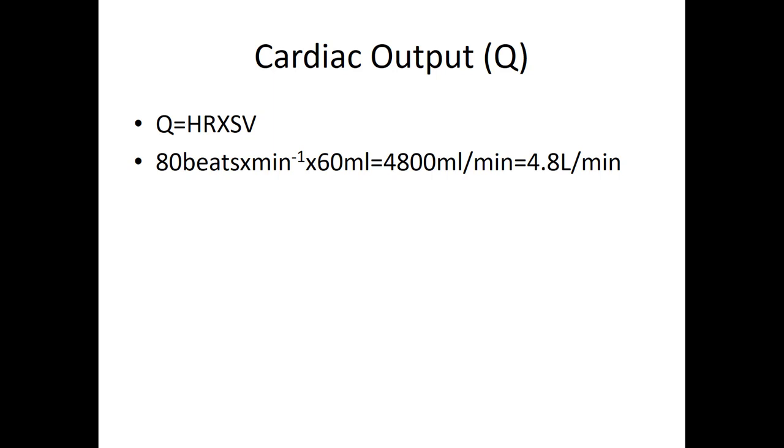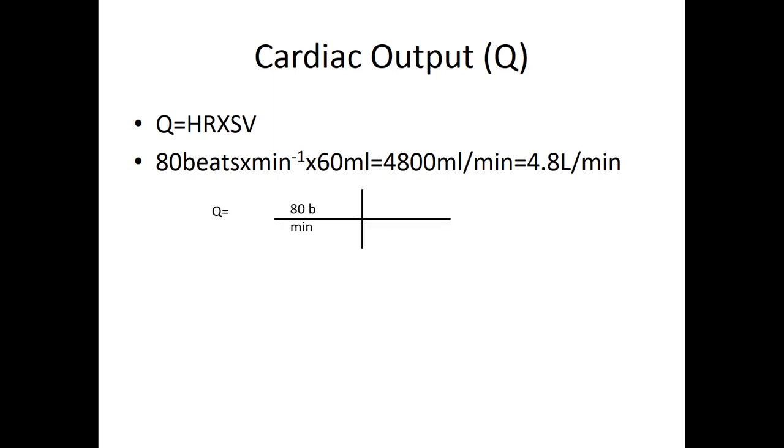And for cardiac output, the equation is cardiac output, Q, equals heart rate multiplied by stroke volume, right? So how about like this? If your heart rate is 80 and stroke volume is 60, that means 4,800 milliliters per minute. But 1,000 milliliters equals 1 liter, so 4.8 liters per minute.